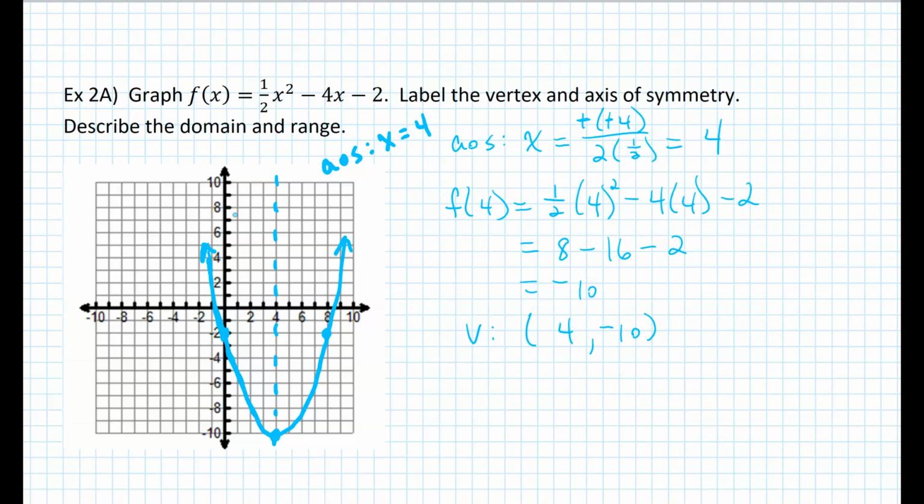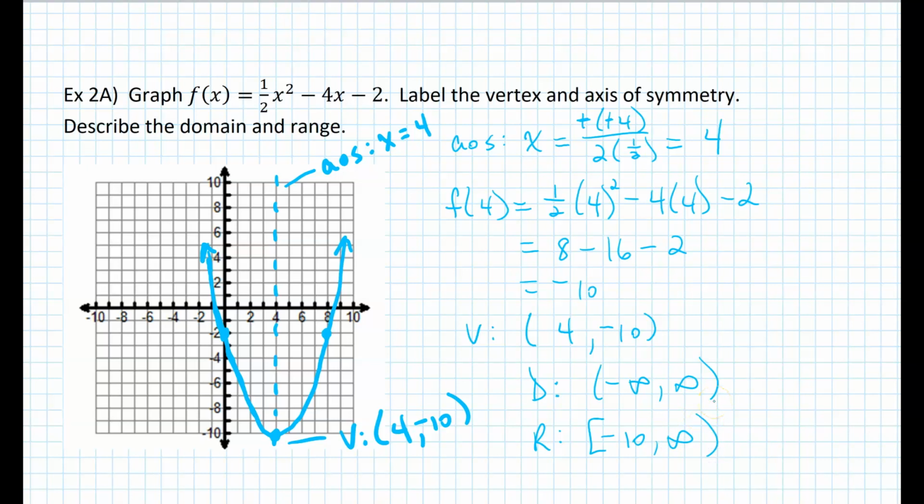Okay, so I labeled my axis of symmetry already. My vertex is 4, -10. The other thing it asks for is the domain and range. What is our domain? Negative to positive infinity, and our range is -10 inclusive to infinity.